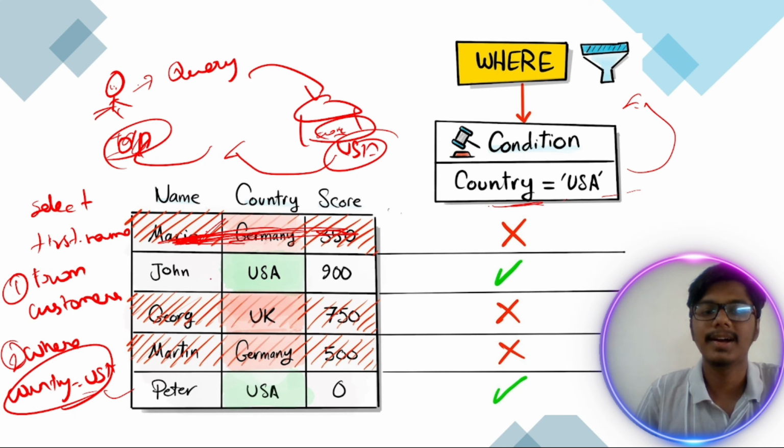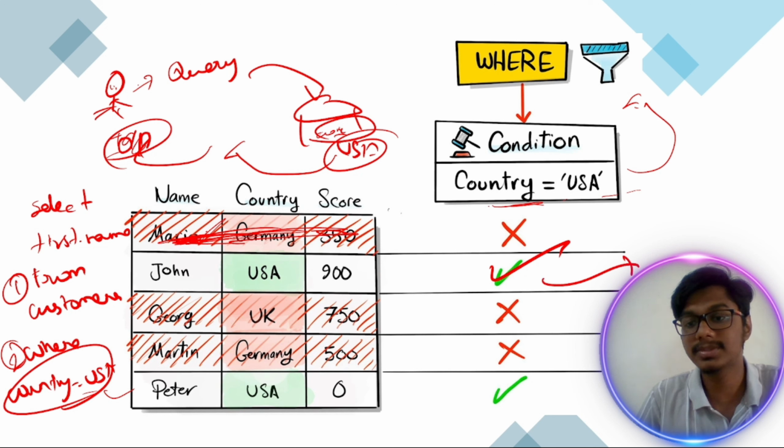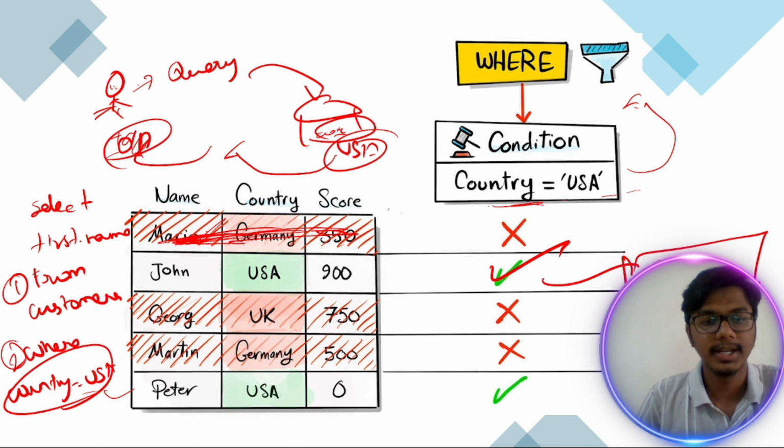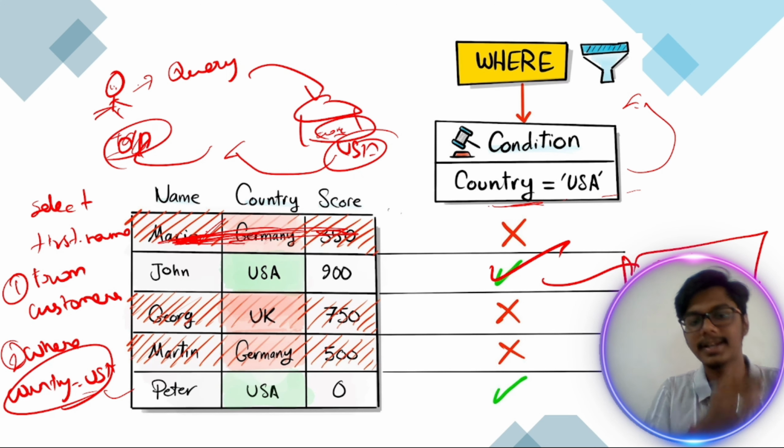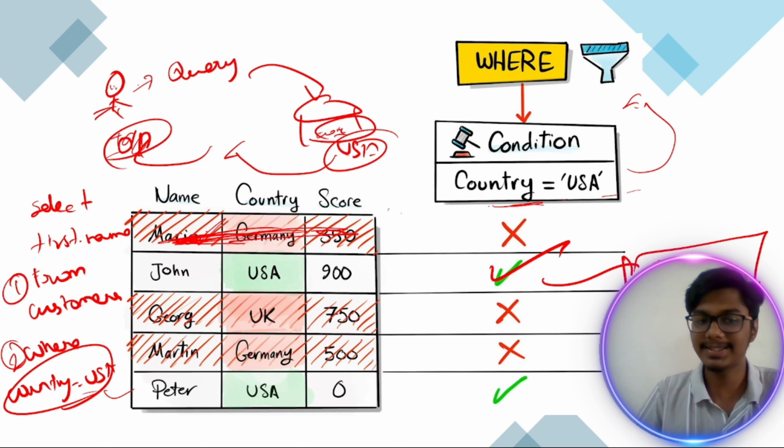Whether John belongs to the country USA? Yes, John belongs to USA. Let me take John as a row in the result table. Again the query doesn't end. It gets into the database and checks whether George belongs to the country USA. No, George doesn't belong to USA.